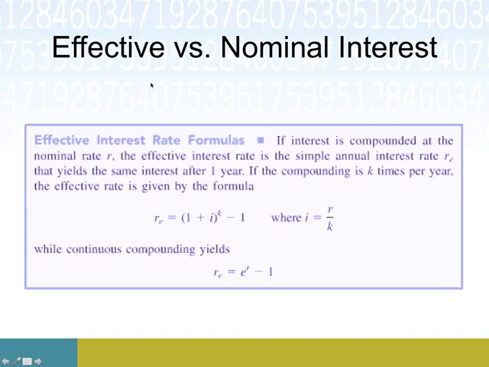So the effective interest rate is an effort to figure out what this interest rate looks like if we actually considered how much an investment would grow over the course of 1 year in actuality. So we're using I, we could use R, but just to avoid confusion, the nominal rate is R, and this I is sometimes called the periodic rate.